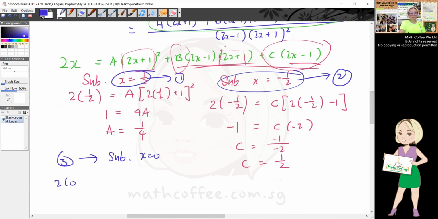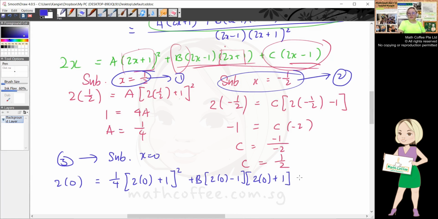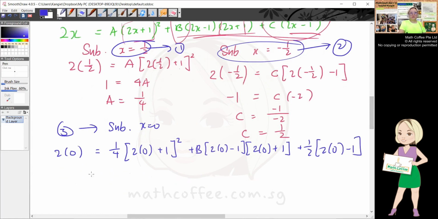Then now it's 2(0) equals 1/4 (2(0)+1)^2. b is the unknown, so this one will be b(2(0)-1)(2(0)+1). And then this one will be plus half (2(0)-1).